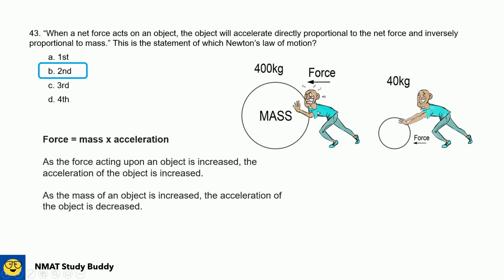So, kunyari, force dito is equal dito sa force sa 40 kilogram mass. Ibig sabihin yan, since yung mass nito is greater, mas liliit yung acceleration niya o mas babagal siya. And for this one, since lesser yung mass niya, yung acceleration niya will be greater or mas mabilis itong mag-move given that the force exerted is equal.